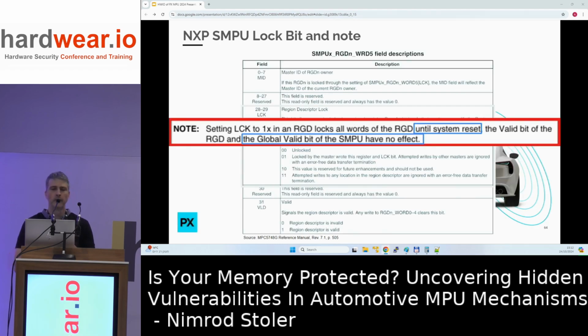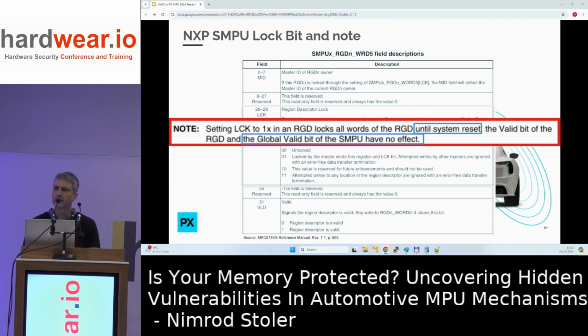Let's zoom in on the note. Here the wording is almost identical to that of the STMicroelectronics chip. Once you lock the regions using the LCK bits, the global valid bit of the SMPU has no effect. So the SMPU cannot be disabled anymore until the next system reset.